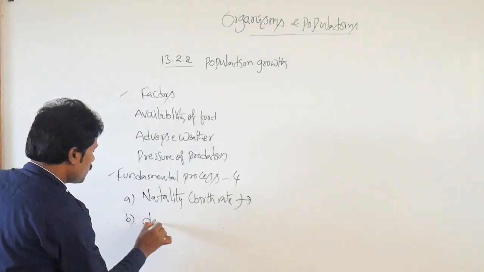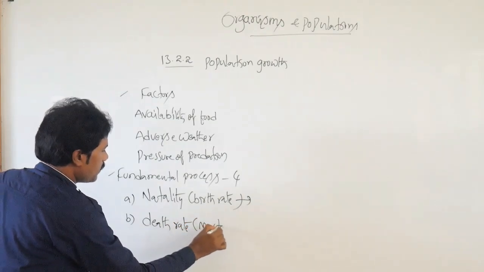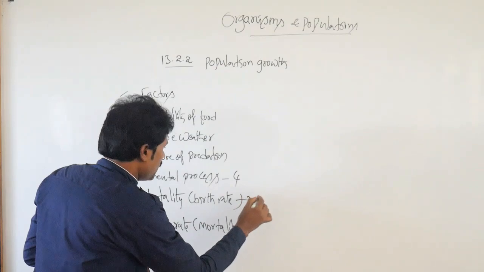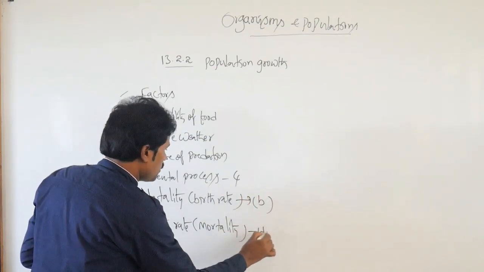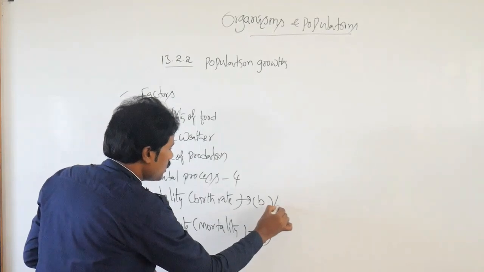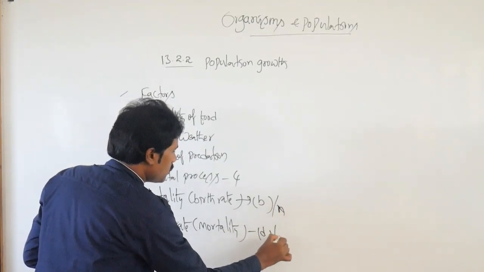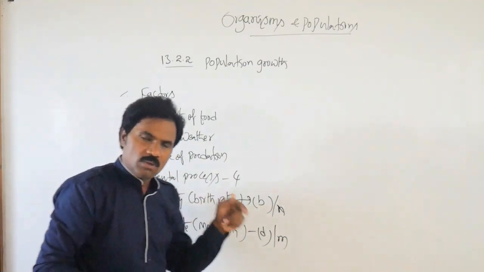Another one, death rate or mortality. It is represented by D, or natality by small n, and mortality by small m. Here also it is very simple.